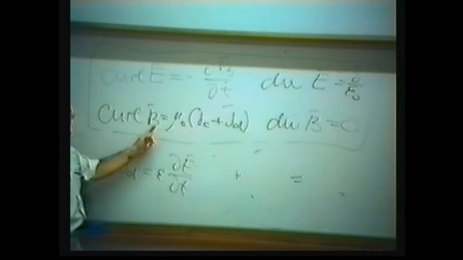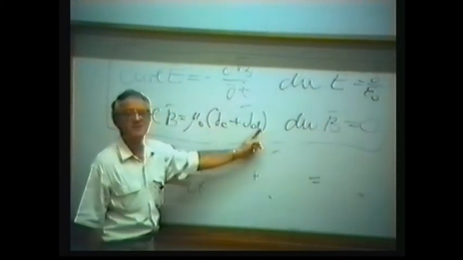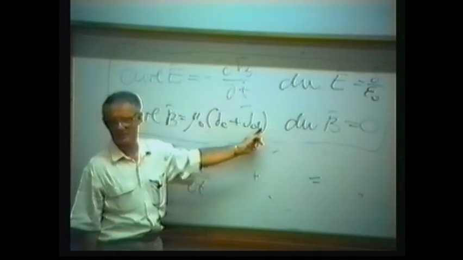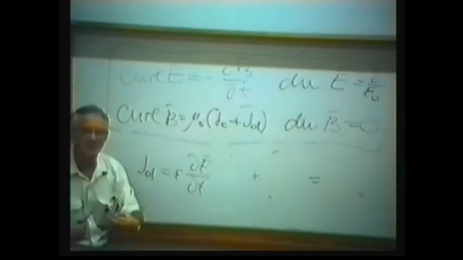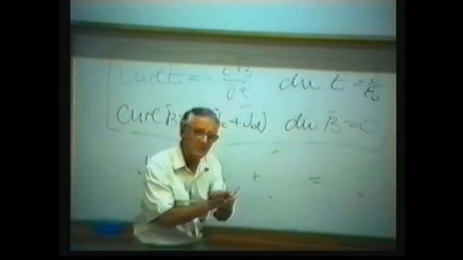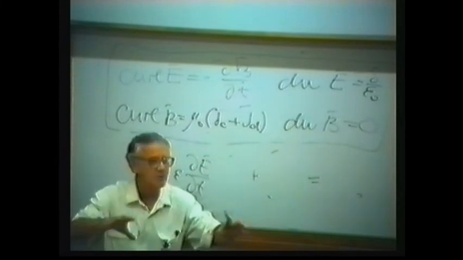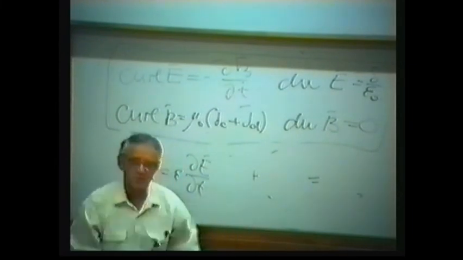Now, what creates a magnetic field? Conduction current and displacement currents. Displacement currents, no charge. So magnetic and electrical fields are generated by two types of sources.